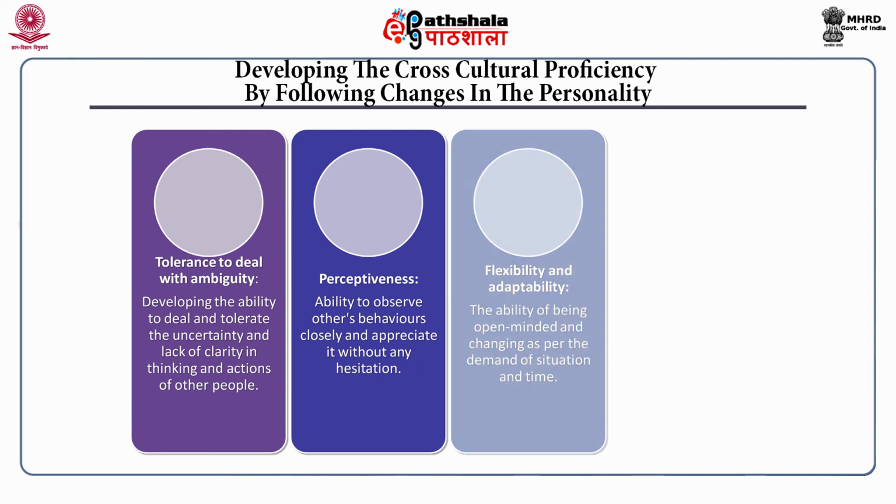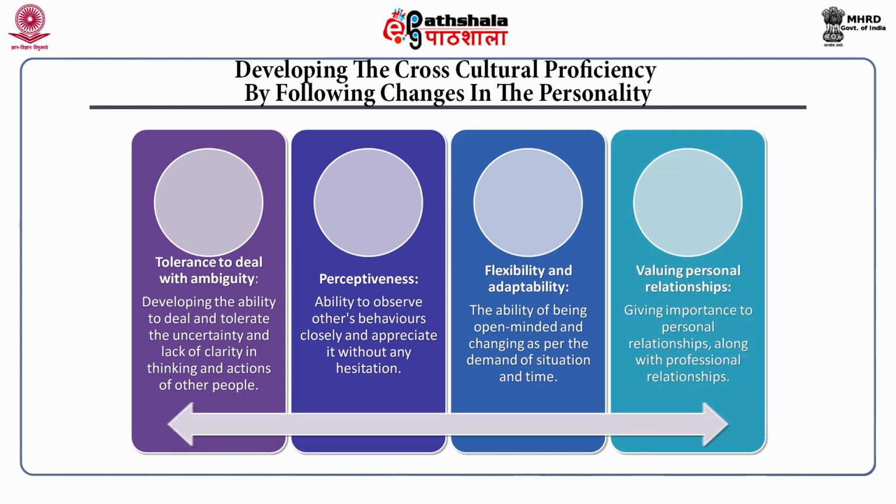Next, flexibility and adaptability. If you want to develop cross-cultural proficiency, you need to be flexible. You need to develop the ability of being open-minded and changing as per the demands of the situation and time. Last, valuing personal relationships. Giving importance to personal relationships along with professional relationships.